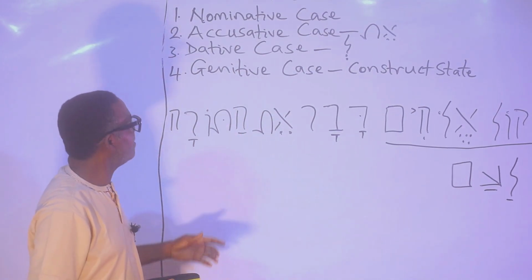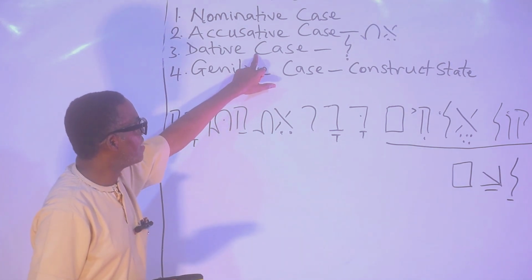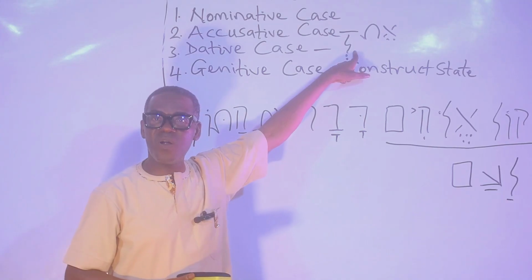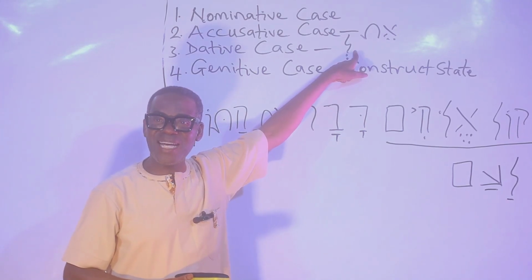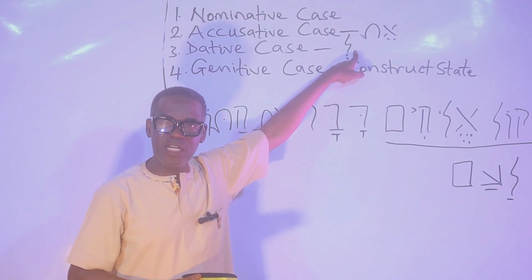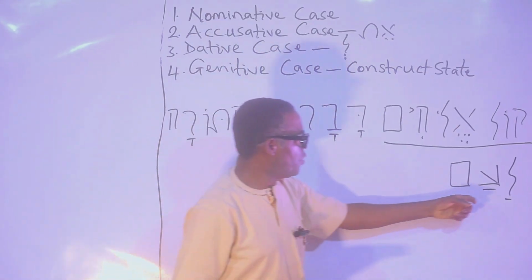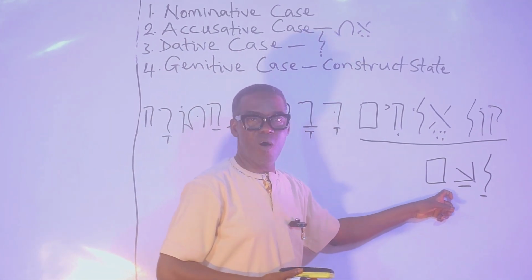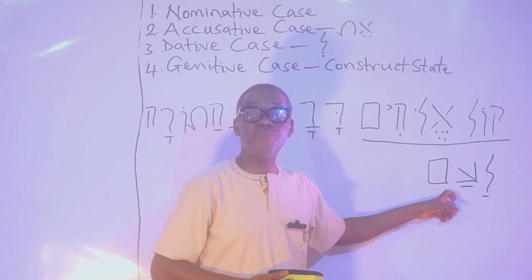Then the last one is dative case. Dative case is indicated by the preposition la, which can be translated as to or for in English. We use the preposition here with the word am, which means people.